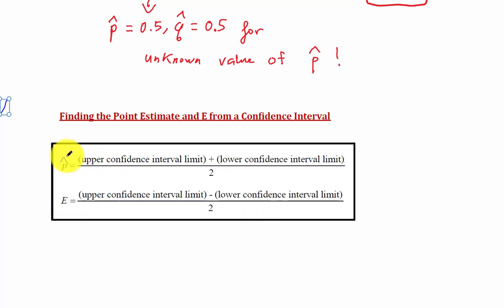The P hat, which is the value of the point estimate, is the middle value between the upper and the lower limits. So all we do is we add them together and divide by 2. And then the margin of error is just the difference between the upper and the lower limit divided by 2.